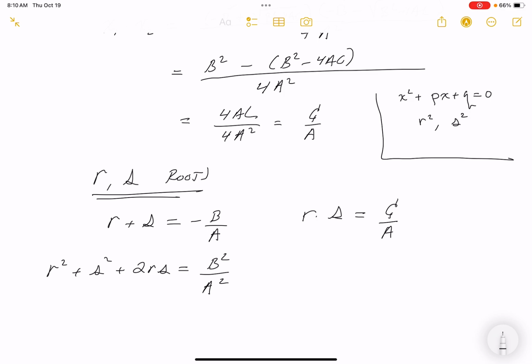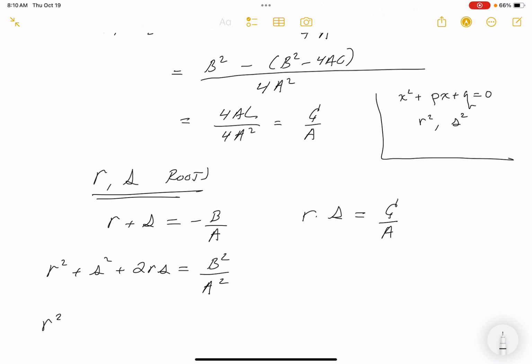I'm looking at that, and I think I can write that down. So I have the r squared and s squared. I know I need that. And 2rs, let me write this down over here.